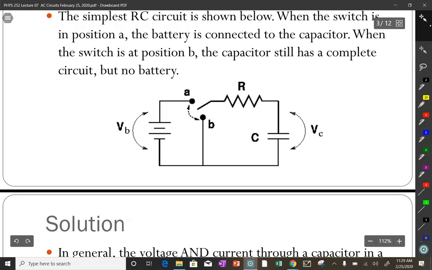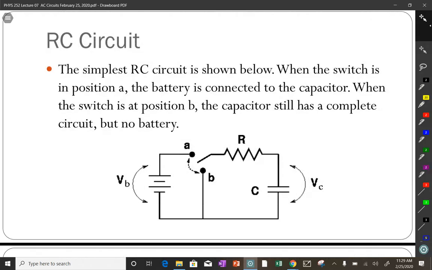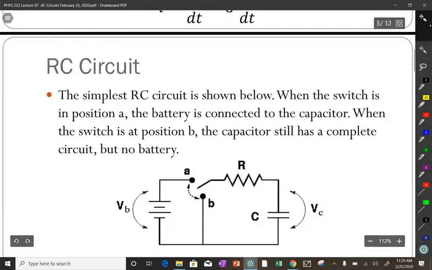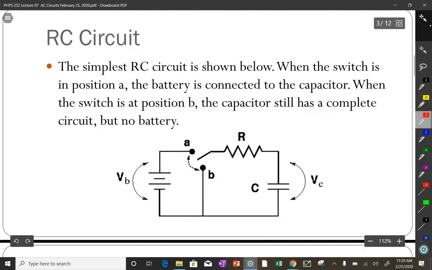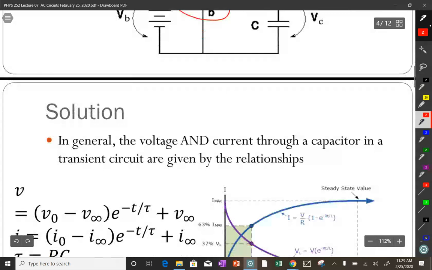And then we said, okay, if we use that equation, we can analyze a transient circuit, a circuit that has a switch that's going to change it from one state to another and evaluate what's going to happen.